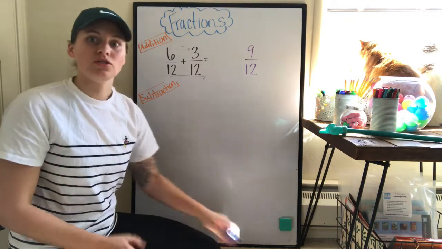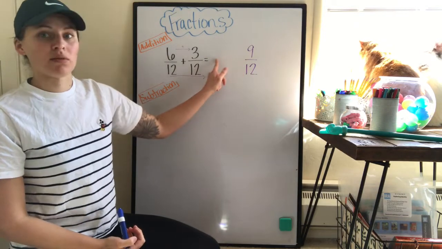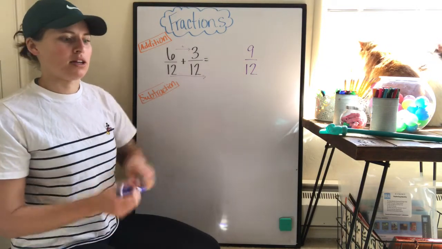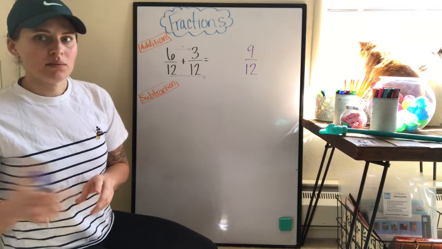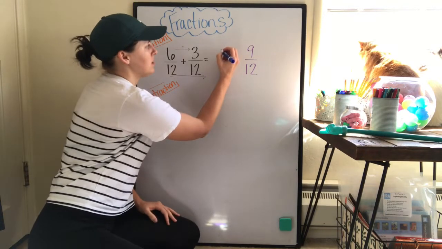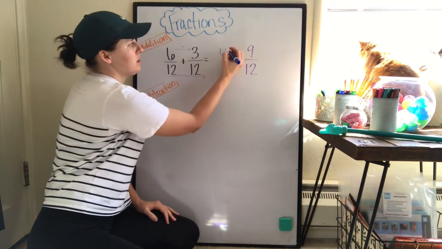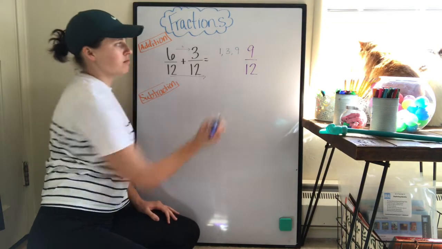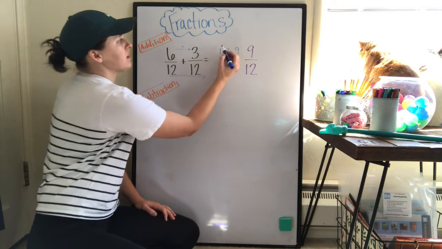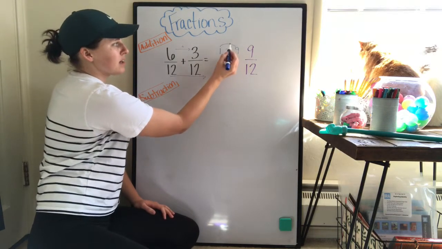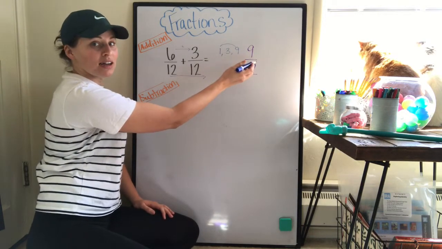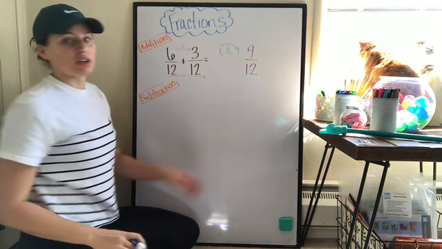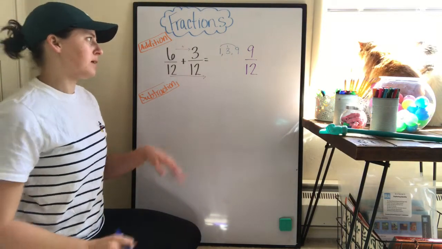And in order to do that, I'm going to need to come up with factors, and I'm going to need some space. So let's come up with factors of 9. 1, 3, 9. Those are the only factors of 9, right? Because 1 times 9 is 9, and 3 times 3 is 9.